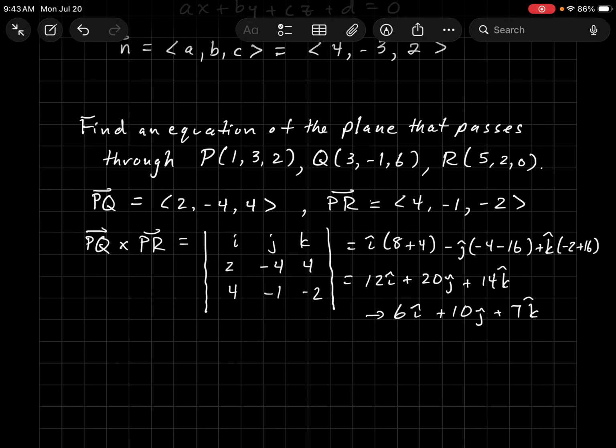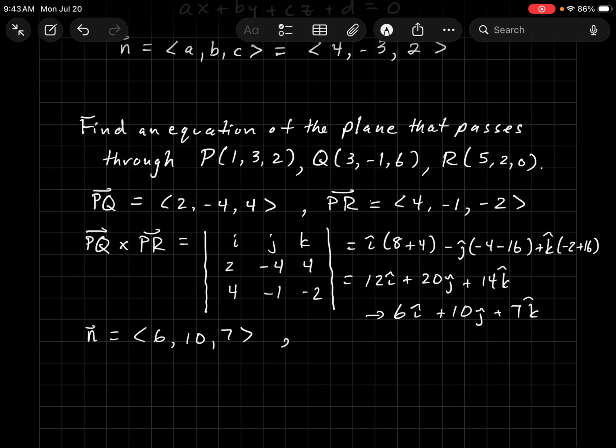Now, why do we care about this? How does this help us? Well, recall that the cross product of two vectors is perpendicular to both vectors. So what we've done is we've found our normal vector, which is (6, 10, 7). Now we need any point in the plane.